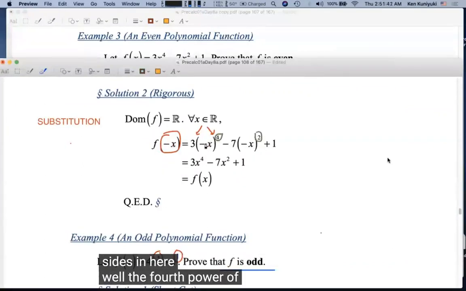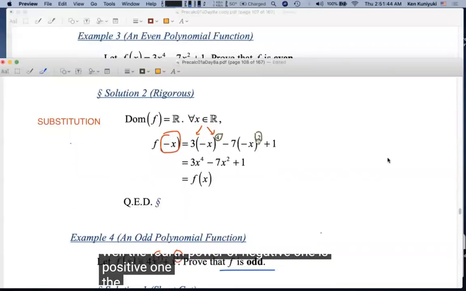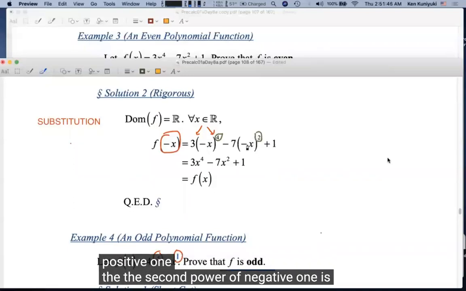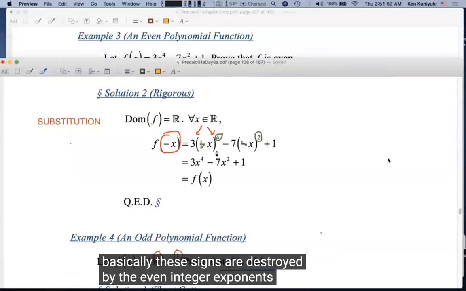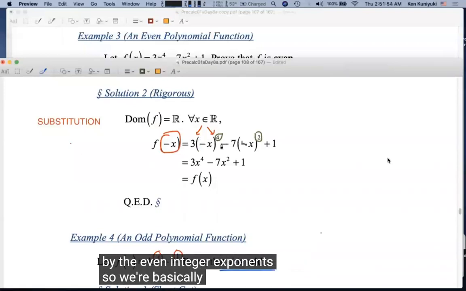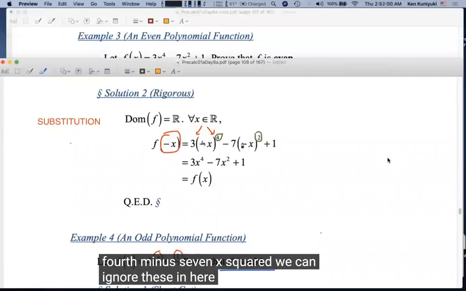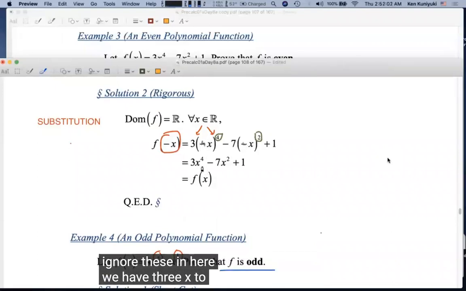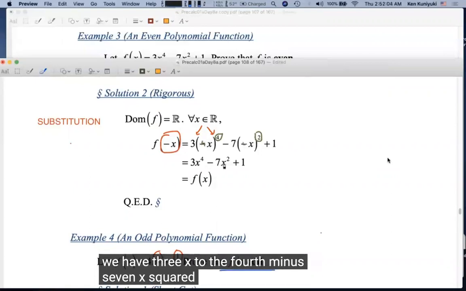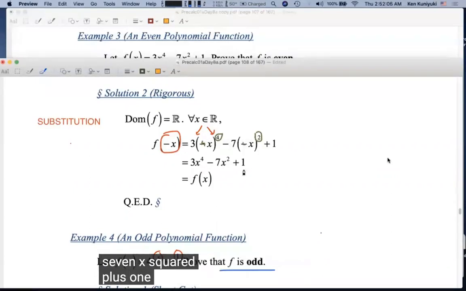Well, the 4th power of -1 is +1. The 2nd power of -1 is +1. Basically, these signs are destroyed by the even integer exponents. So we're basically left with 3x to the 4th minus 7x squared plus 1.